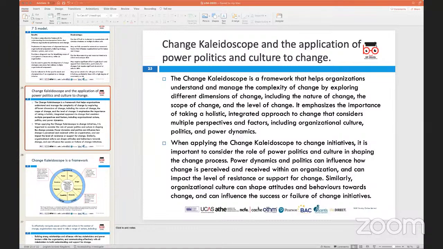When we look at the kaleidoscope approach, it takes into account three elements: path, perspective, and paradoxes. Path charts out different possible routes that can be taken to achieve the desired change. Perspectives takes into account different viewpoints and experiences of both individuals and groups in order to implement the change process.